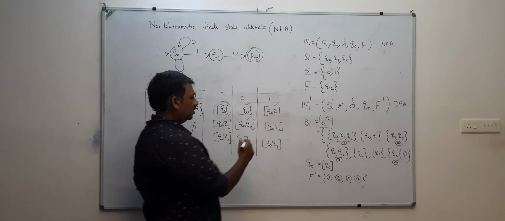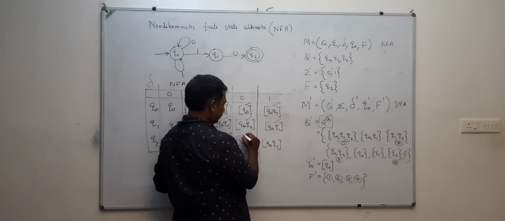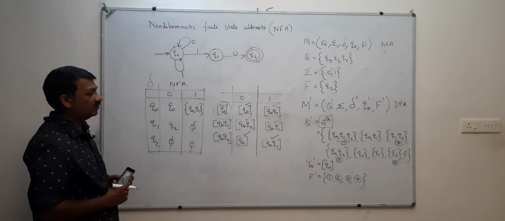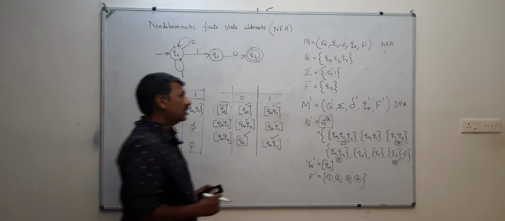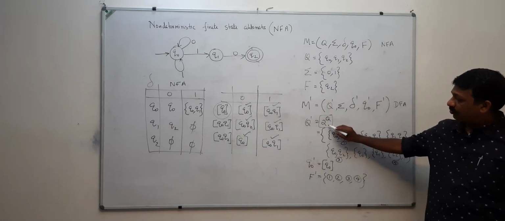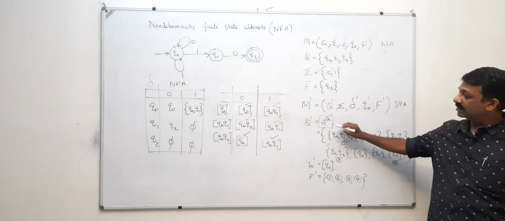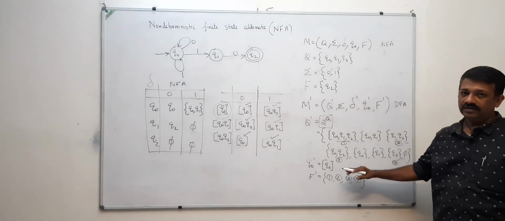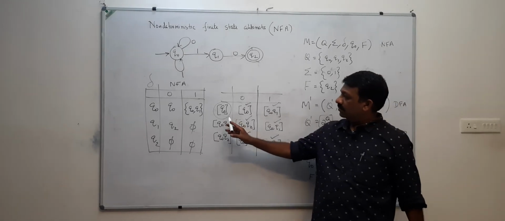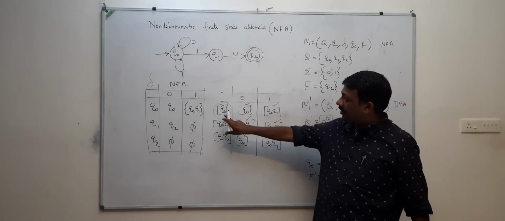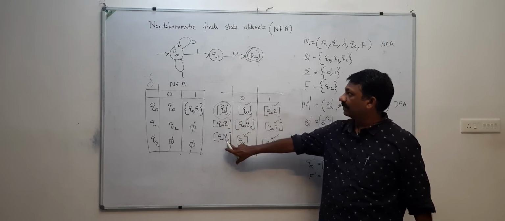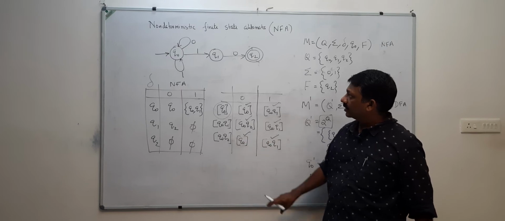That means generally speaking, Q dash has 2 raised to the number of states in Q sets, but not all of them are reachable. We are reaching only Q0, Q0 Q1 and Q0 Q2.